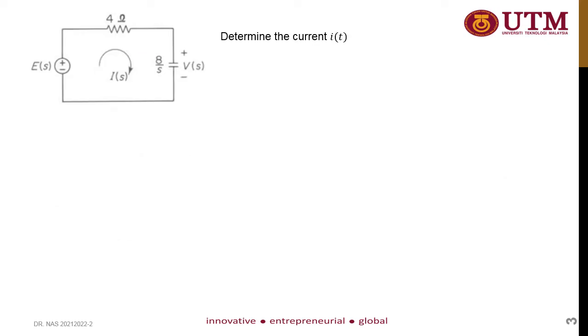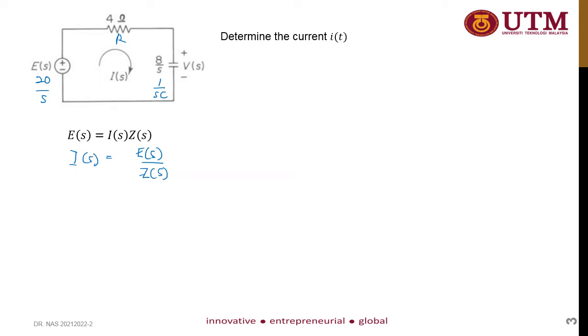From the S equivalent circuit that we have developed earlier, here E(s) is 20 over s, then I(s), this is 1 over sC, and R stays as it is. In order to solve this, we know that E(s) equals I(s) multiplied by the total impedance. Therefore, I(s) equals E(s) divided by Z(s).